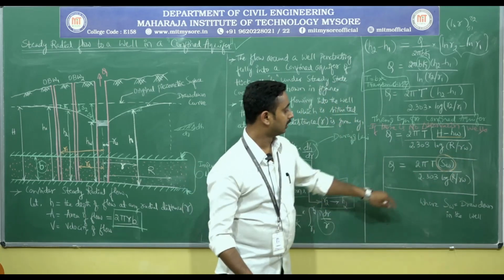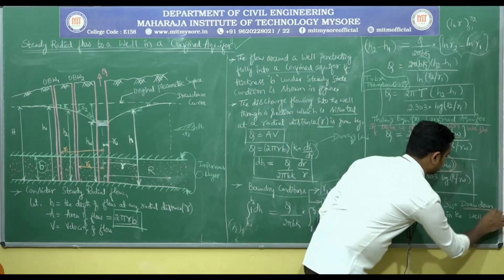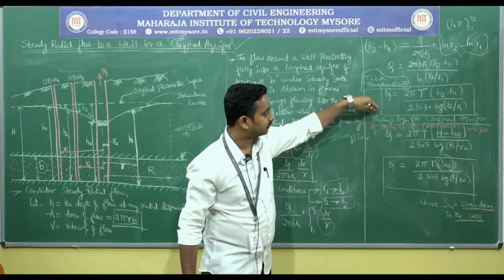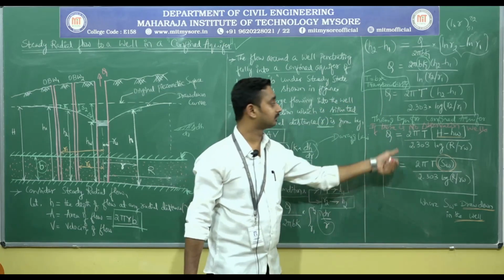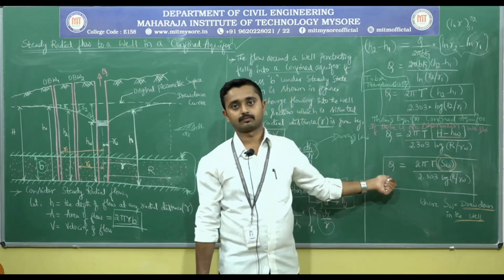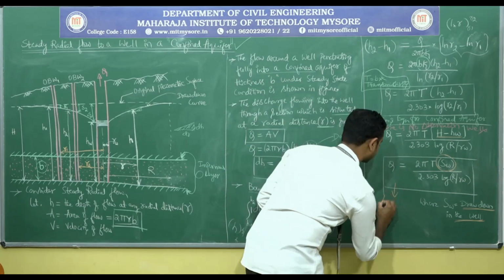Here Sw is the drawdown in the well. This is the modified Thiem's equation for confined aquifer, the final result when there is no observation well. Again we can call this Dupuit's equation.